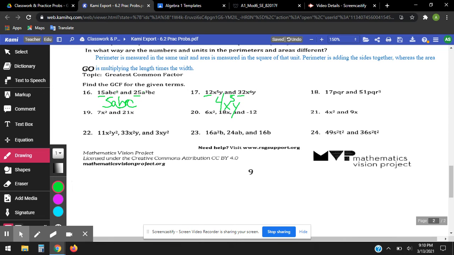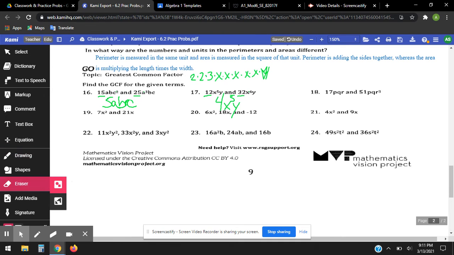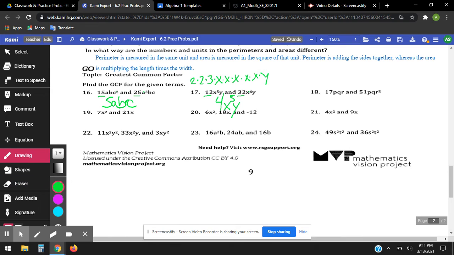So if I were to write this out in prime factorization, what it would look like is 2 times 2 times 3 times x, x, x, x, x times y. That went messy. So I'm actually going to move this slightly.